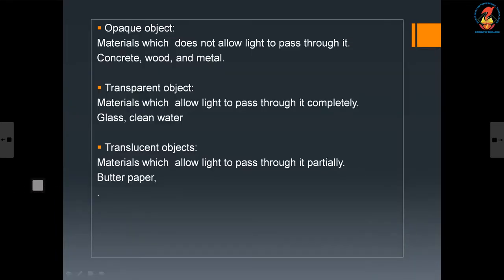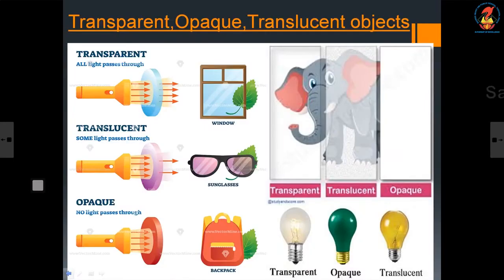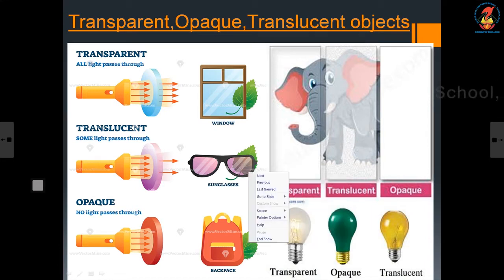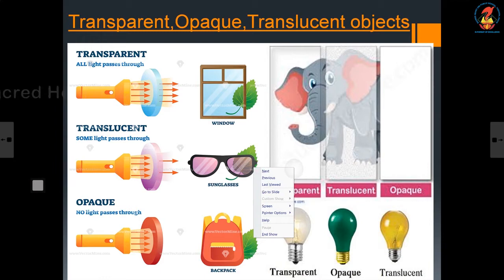So this one is a translucent one. Now, this one is transparent. You can see the image clearly. So it is a transparent one.